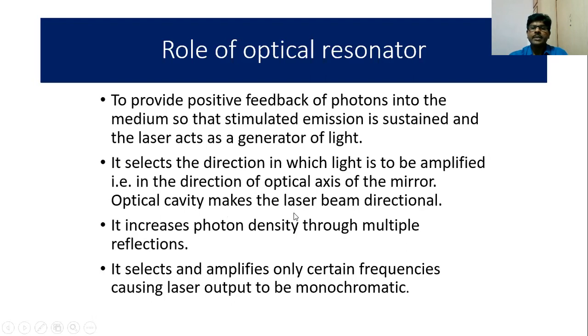The optical cavity makes the laser beam directional. It increases photon density through multiple reflections. It selects and amplifies only certain frequencies, causing laser output to be monochromatic. So for laser action to take place, we need population inversion, a metastable state, an active medium, and also an optical resonator.